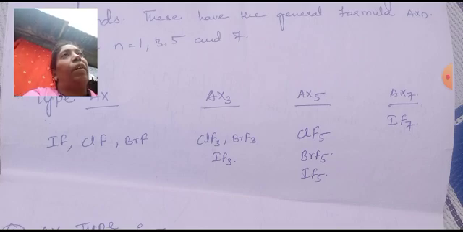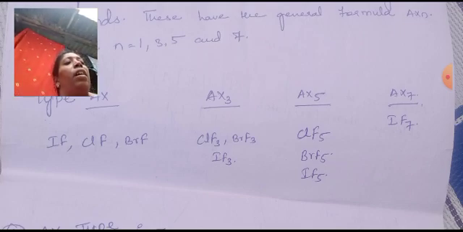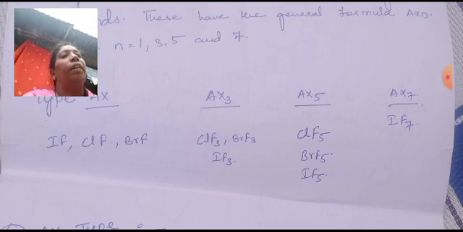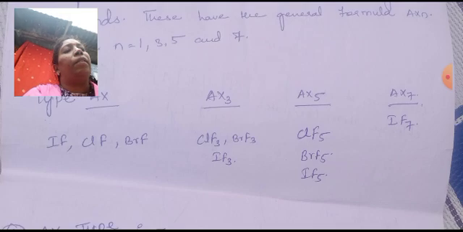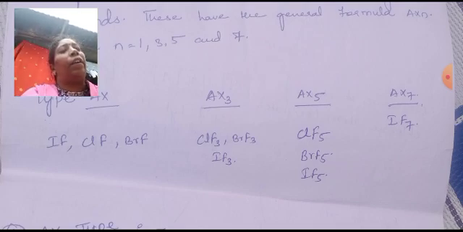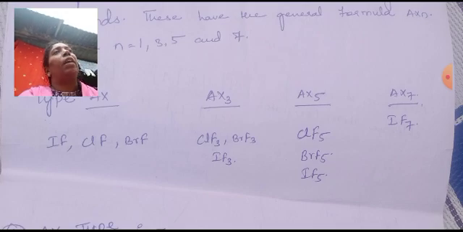A is one type of halogen and X5 is the other type of halogen: chlorine pentafluoride, bromine pentafluoride, iodine pentafluoride. Coming to the next, AX7 is IF7, iodine heptafluoride. One halogen is iodine and the other halogen is F7.